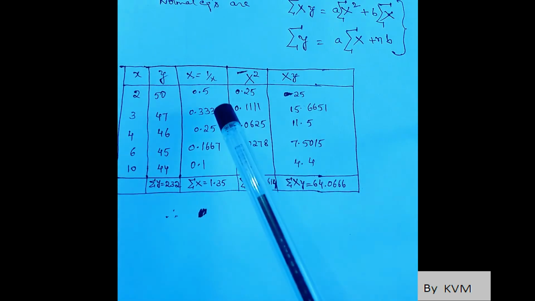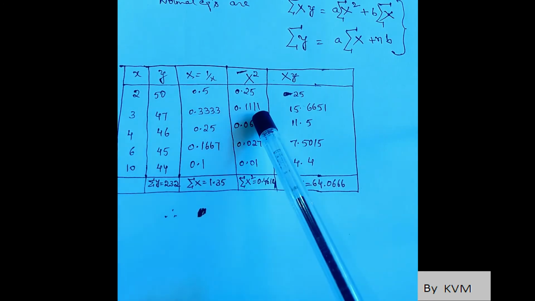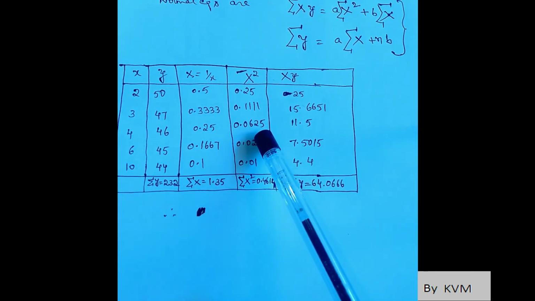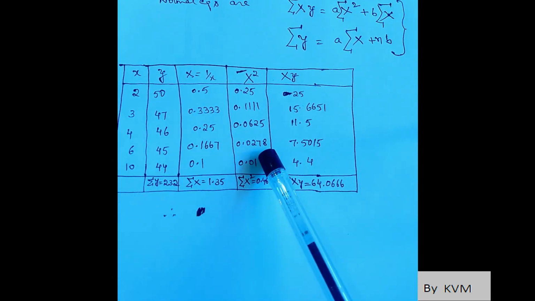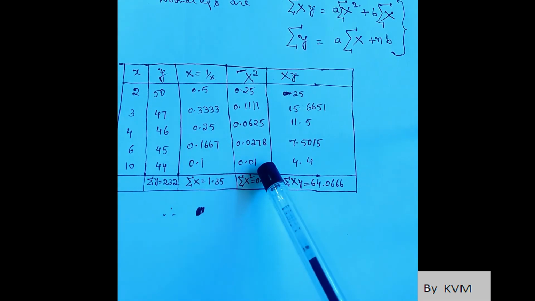So find capital X square. So 0.5 square is 0.25. 0.3333 whole square is 0.1111, and 0.25 whole square is 0.0625, and 0.1667 square is 0.0278, and then 0.1 whole square is 0.01.